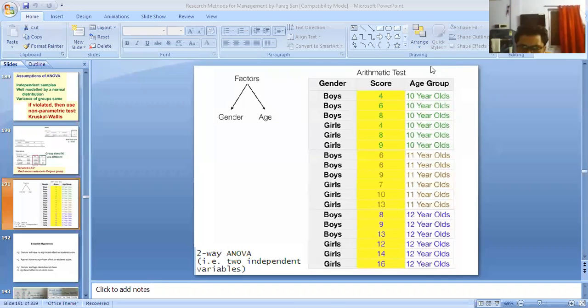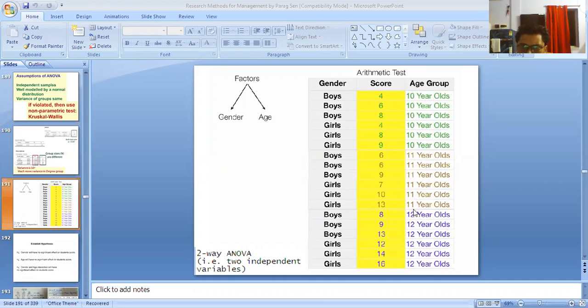Here one arithmetic test has been performed, and in that particular arithmetic test you can see the scores scored by different boys and girls belonging to the age groups of 10 years old, 11 years old, and 12 years old.